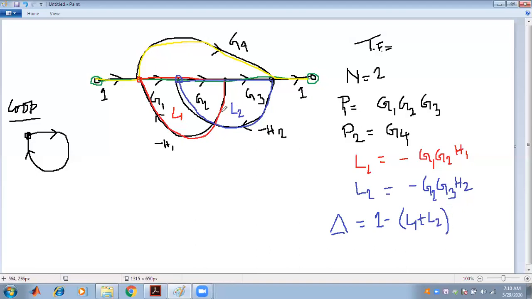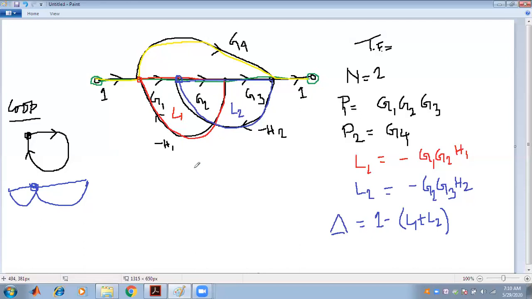The number of loops is 2, and both loops are touching. Touching loops means there is a common node between the two loops. Say this is a loop and this is another loop; they are touching if there is a common node between them. Here we also see a common node between the two loops, so these two loops are touching.